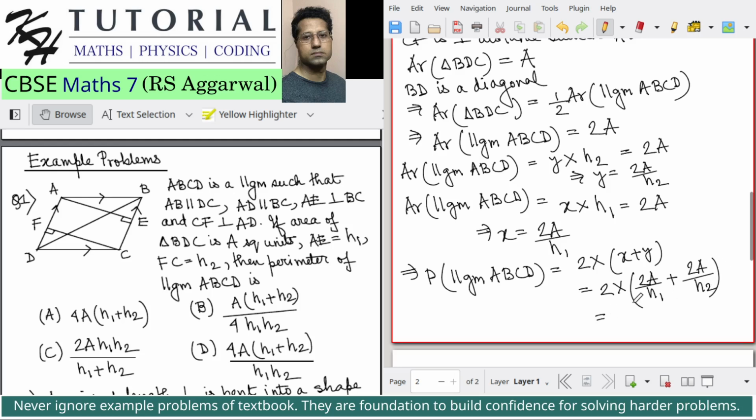If you simplify this, it will be 4A multiplied by H1 plus H2 whole divided by H1 multiplied by H2. This will be the perimeter of parallelogram ABCD. So the correct choice is D.